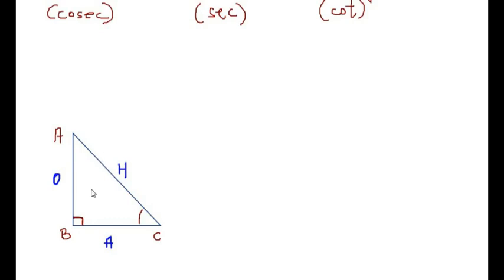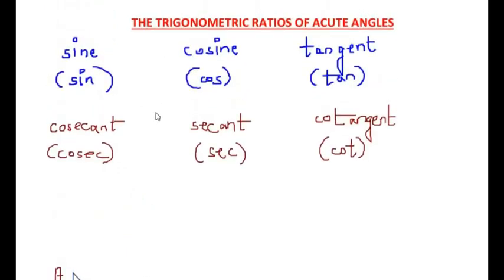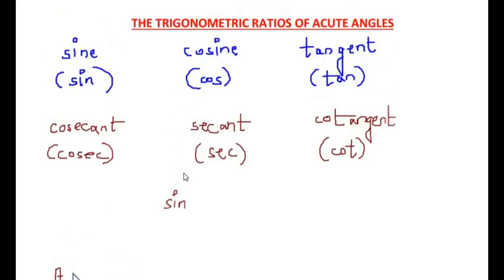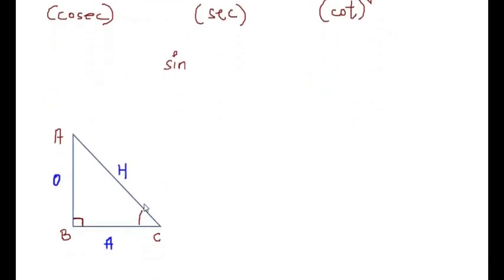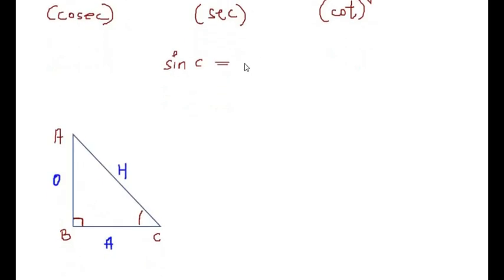Now how do we connect this right angle triangle to the trigonometric ratios we have written above? Let me start with the first one, that is sine. We use the abbreviation, so sin of the angle of concern. The angle of concern here is C. So sine C is equal to, it's always written as opposite over hypotenuse.